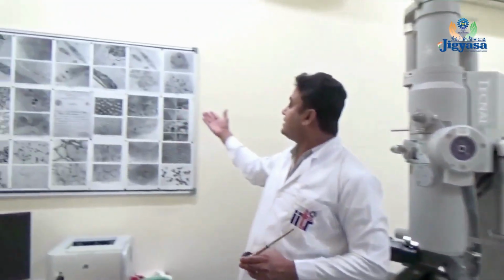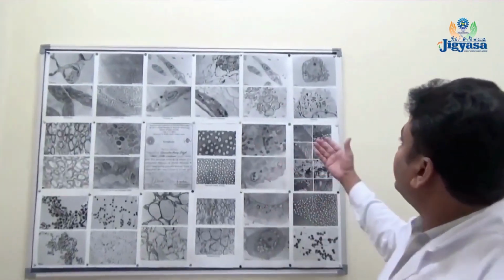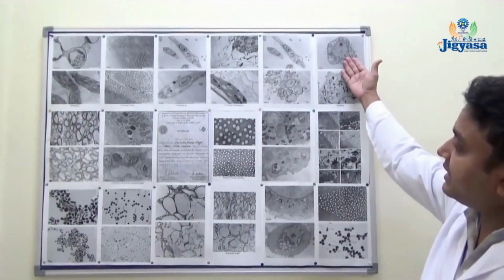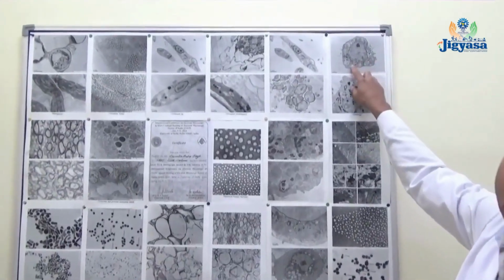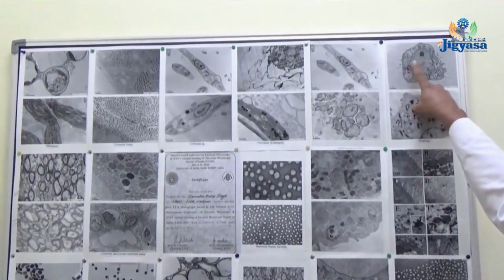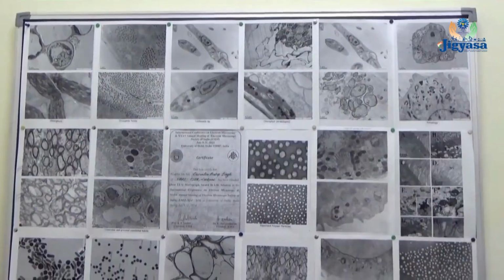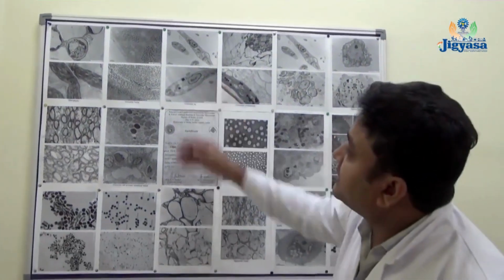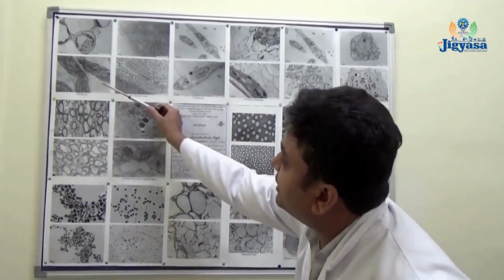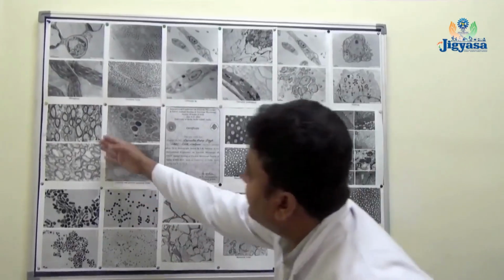These are the different types of samples. You can see this is the cell line. We can see the ultrastructure, the internal structure of the cell lines. This is the Leishmania sample. This is a sample of the chloroplast. This is the brain myelin sample.